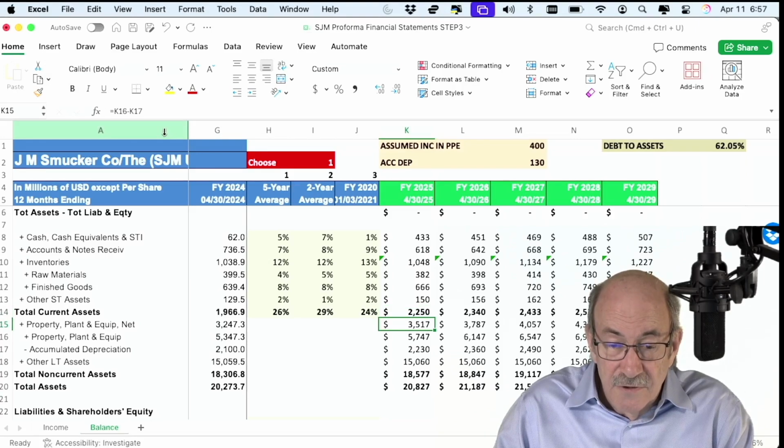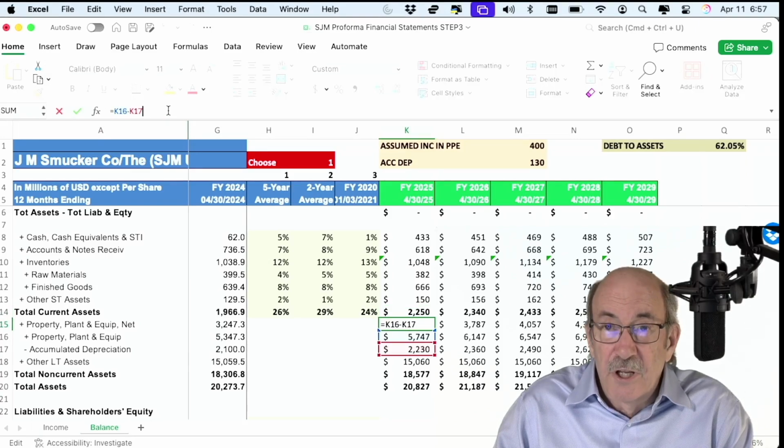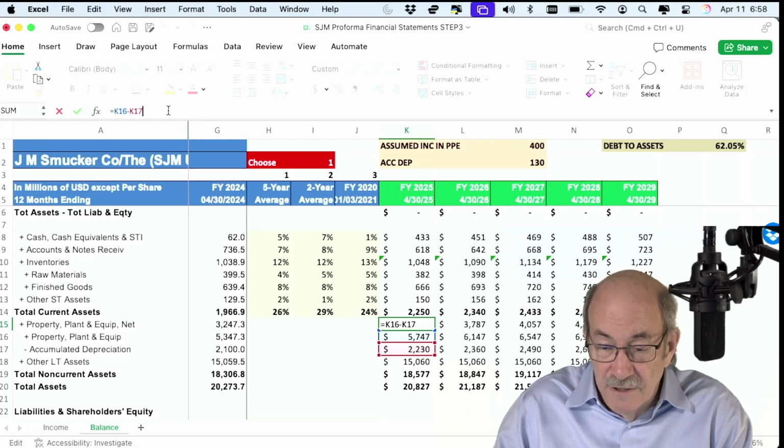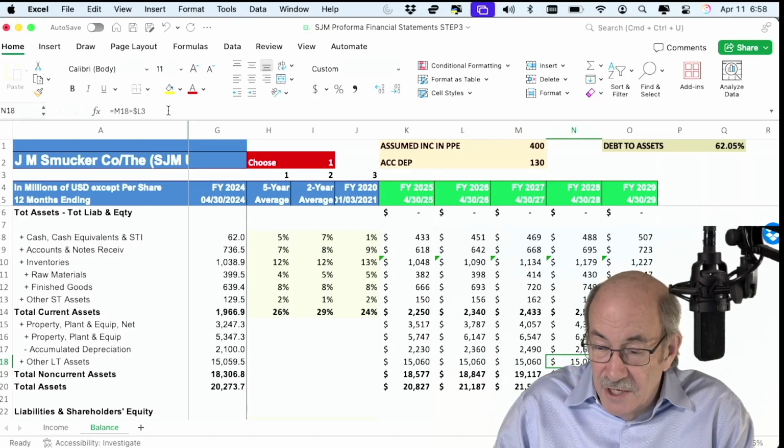Again, that is also a subtotal of gross property, plant, and equipment, minus the accumulated depreciation. And then other long-term assets. This particular one, I've decided to leave constant.